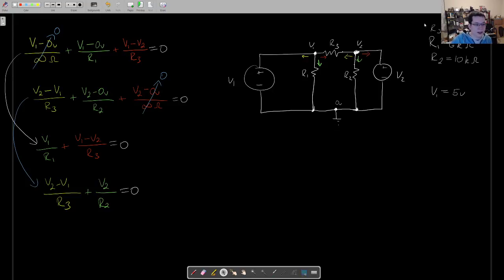I have sabotaged myself. Alright, let's finish. Well, I should be able to do this, right? V2 equals 3.3 volts. 2 volts. R3. We're going to solve for R3 in this case. And I'm not sure why, but we will.